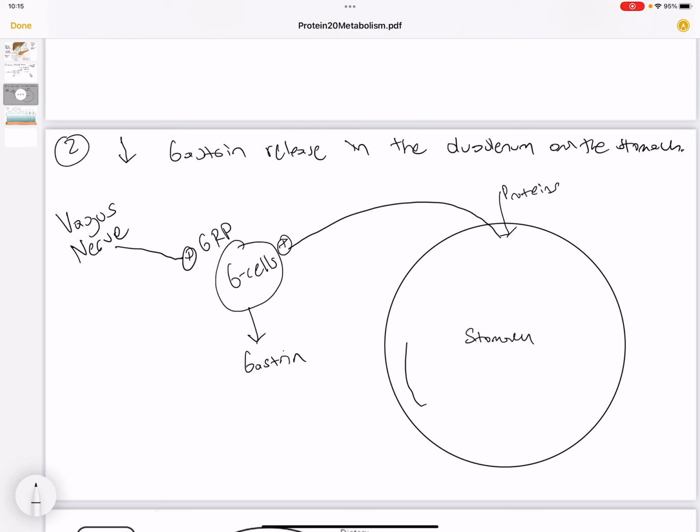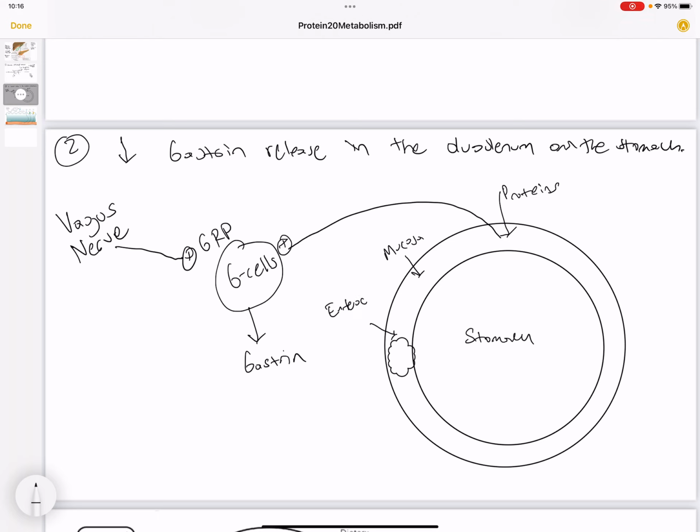Now, what does gastrin do? Well, in the mucosa of our stomach, we have these cells. These are called enterochromaffin-like cells.